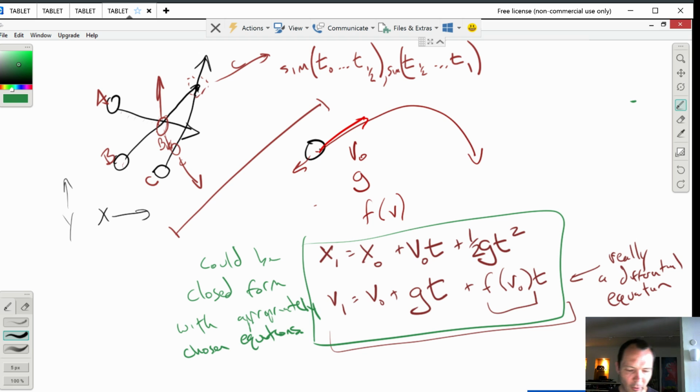But the thing about so-called appropriately chosen equations is that that then constrains what the motion in your game could be like, because maybe you don't like a particular kind of motion and you would like it to work a different way. If you have any if statements in your logic, for example for this friction, then you're out of luck, right? That's not going to be closed form at all.